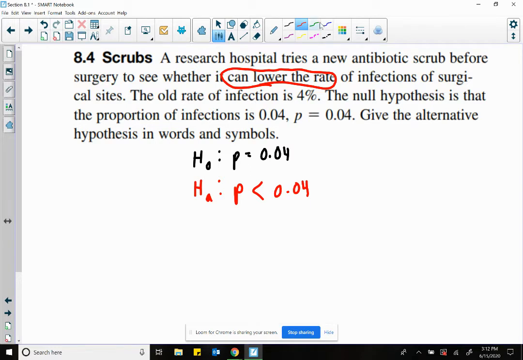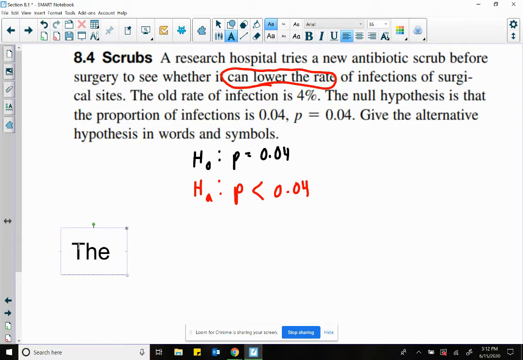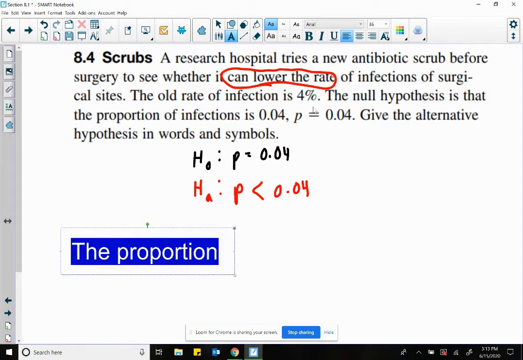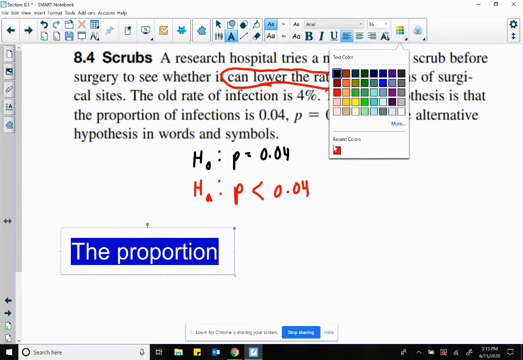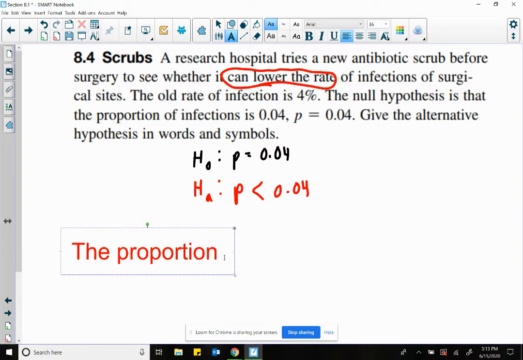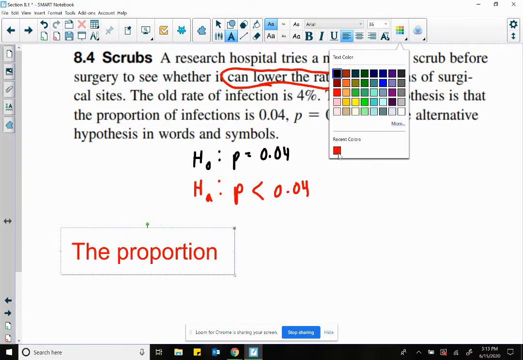And then as your explanation, let's make all this red, just like last time. Keep it all red still.